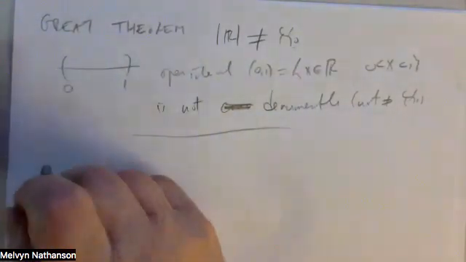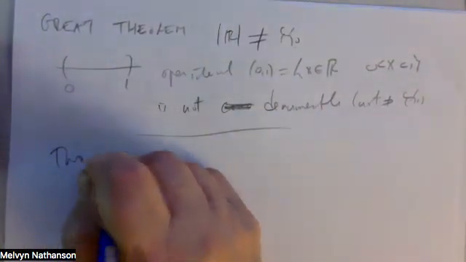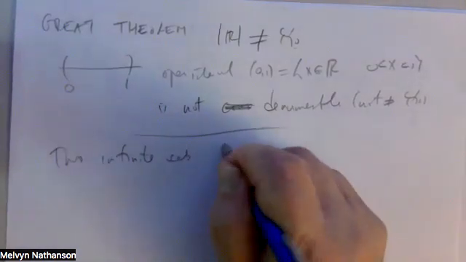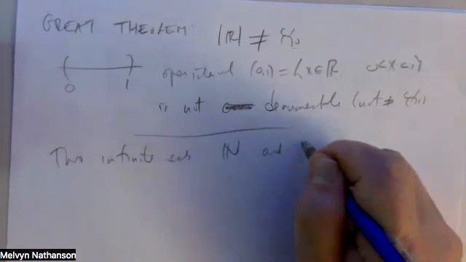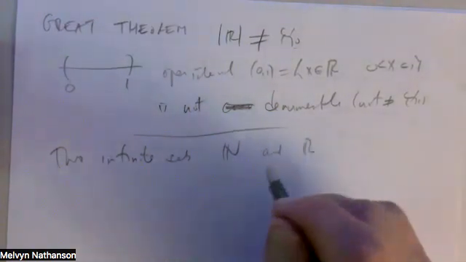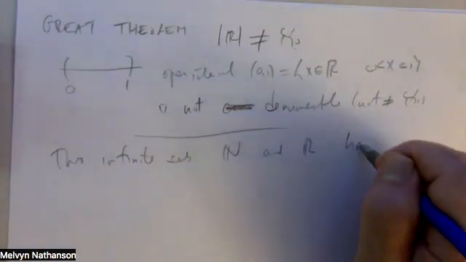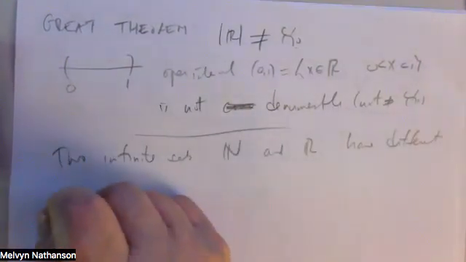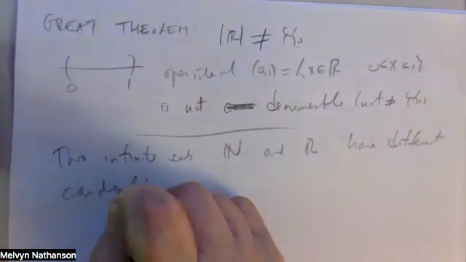So we have two infinite sets, the positive integers and the real numbers, and they have different sizes. Different cardinalities.